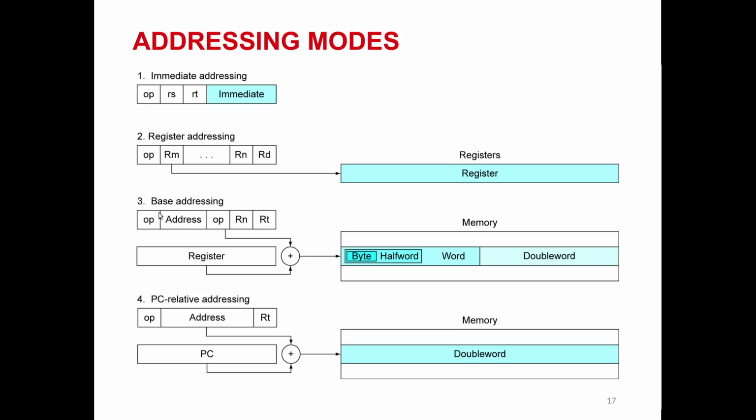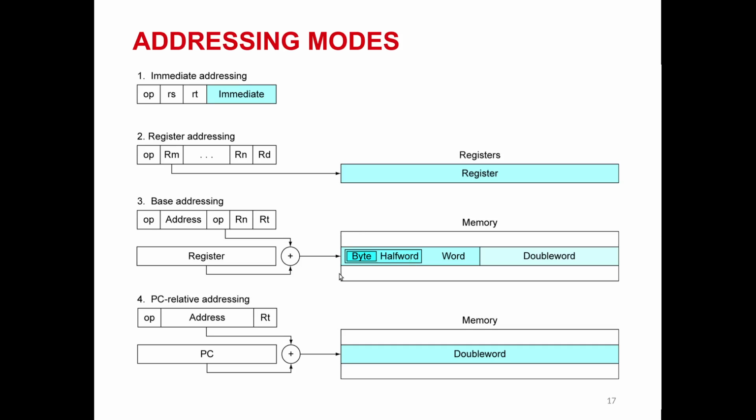You will have an address given in your instruction together with a register which keeps the base address inside your memory, and so you need to add the content of that register together with the offset address, and then you will have the address in memory that you would like to access.